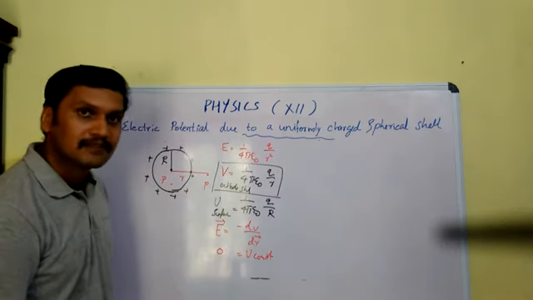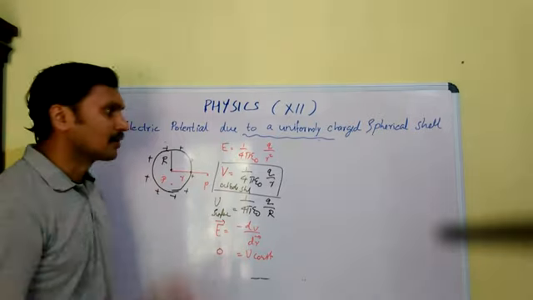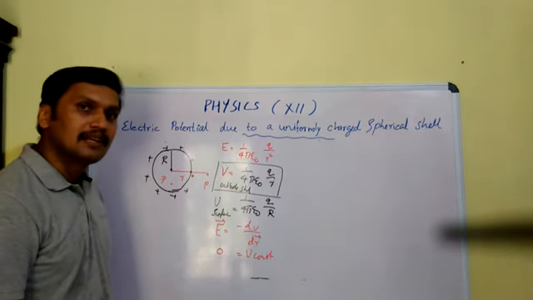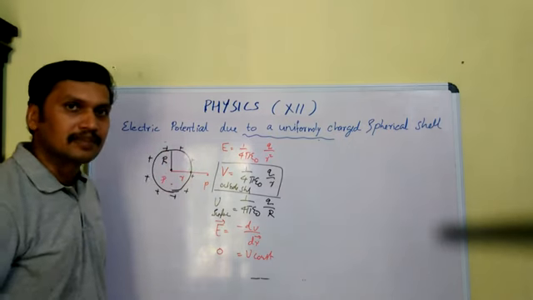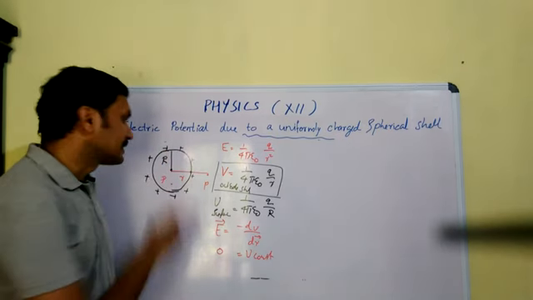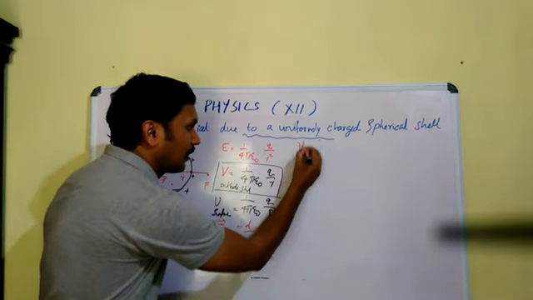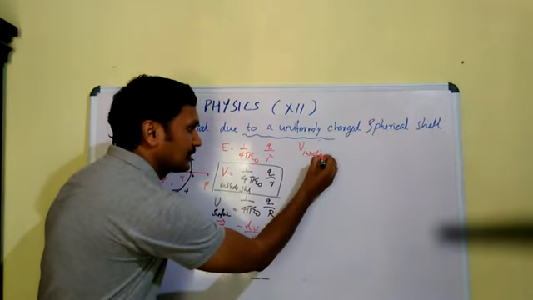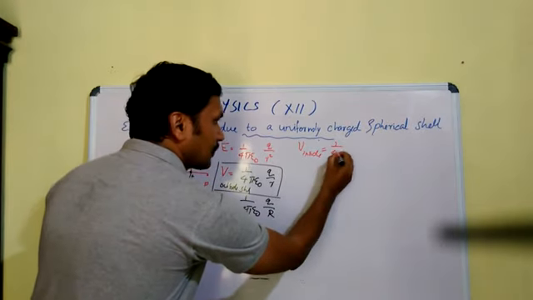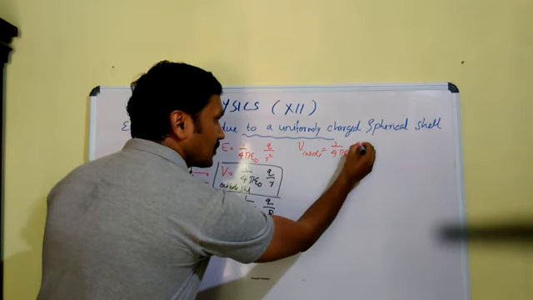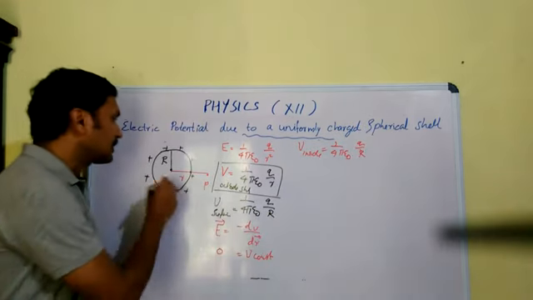What does it mean? The potential inside a spherical charged shell is always constant. Its value is the same as on the surface. That is, potential inside the shell is equal to 1 by 4 pi epsilon 0 Q by R itself. Everywhere inside the shell it is constant.